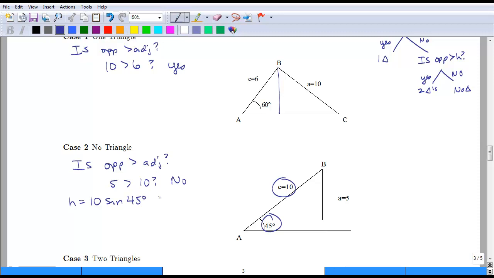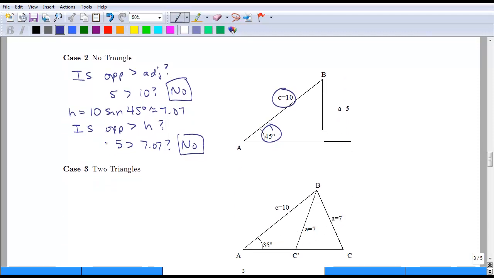If you take 10 times the sine of 45 degrees, you get approximately 7.07. So then you ask yourself, is the opposite side given, the side opposite the angle, greater than h? In this case, is 5 greater than 7.07? No. So since we had no to both of these, we have no triangle.